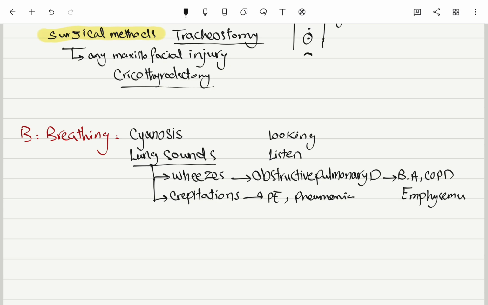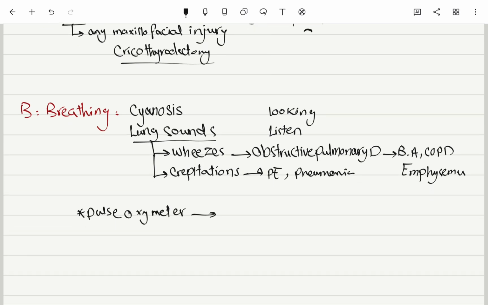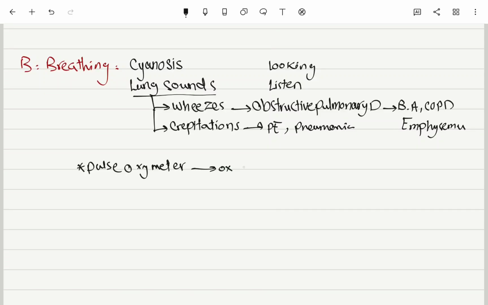And also I will use a pulse oximeter to check the oxygen saturation. Oxygen saturation in normal people is more than 94. In a COPD patient, it should be between 88 to 92.